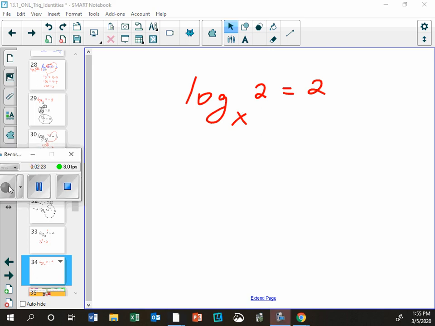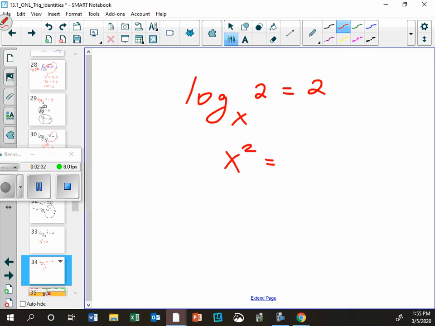So my student said x squared is equal to 2. Now, what do we do to both sides? Now what?